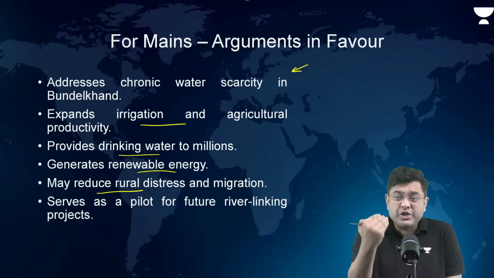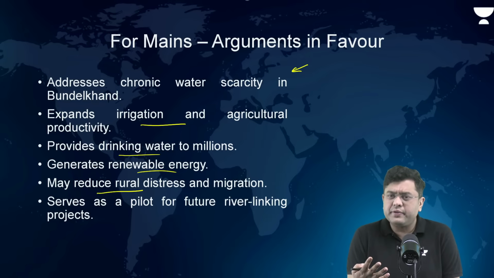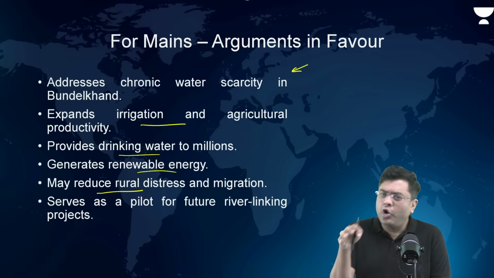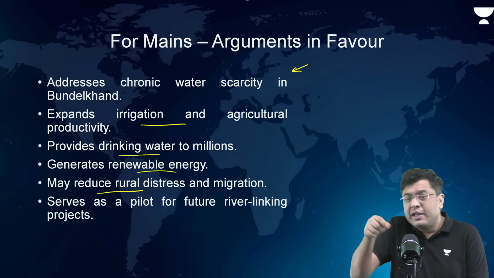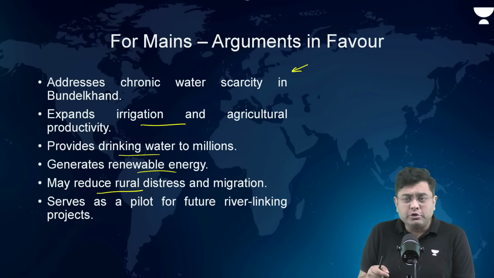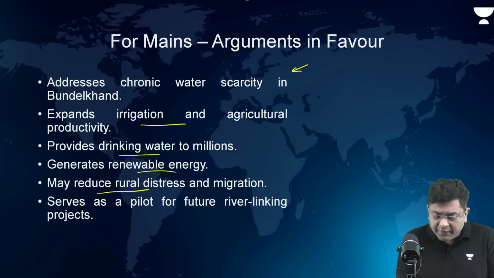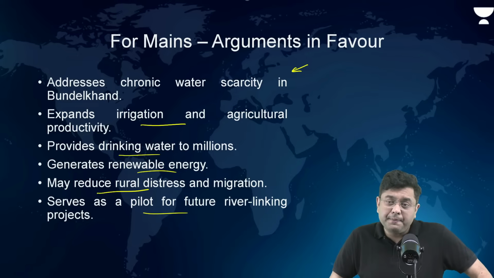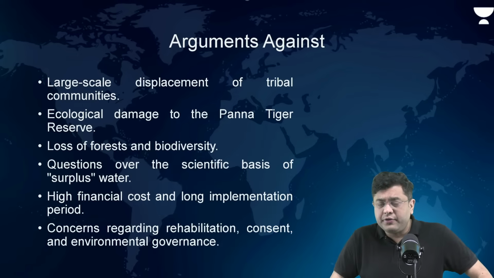Rural to urban migration, mind you, is creating a lot of issues in all the urban areas. Environmental stress, pollution, housing issues, law and order issues, all of this can be linked to rural to urban migration. Serves as a pilot for future river linking projects, which are very, very vital in many parts of the country. Okay, groundwater recharge and other factors you can add.